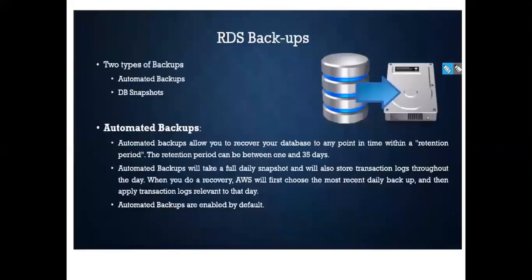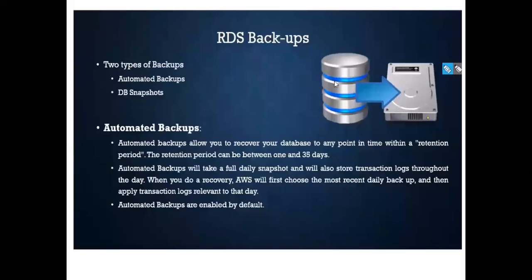Now, the advantage the client gets when they use the service called RDS. Number one, automated backups. Automated backups allow you to recover the database at any point of time within a retention period.